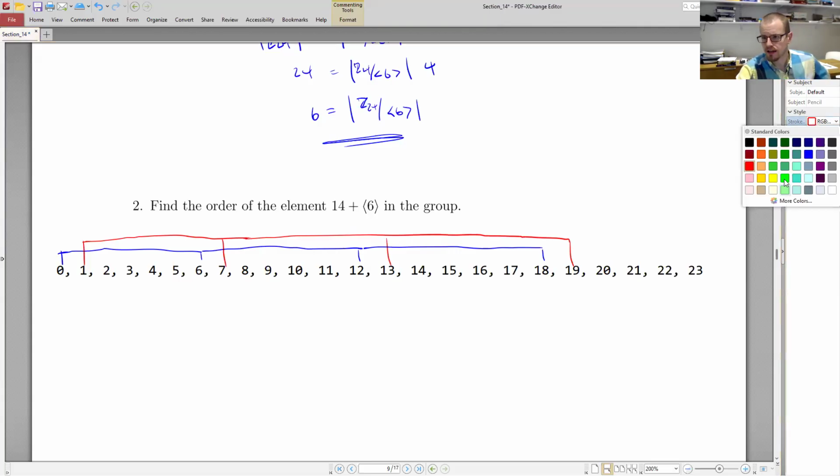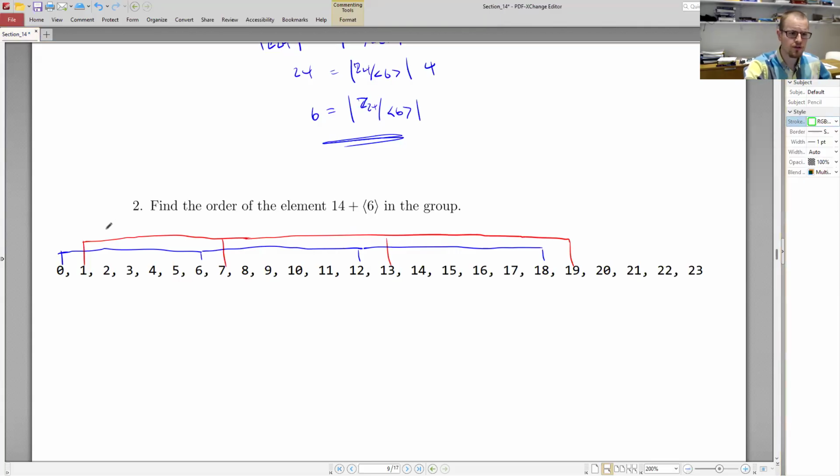Then I could add 2, and that's going to get me another coset. So 2, 8, 14, and 20 all give us one coset. If I want to talk about 2 plus what's generated by 6, that's the same as talking about 8 plus what's generated by 6, which is the same as 14 plus what's generated by 6. And that's exactly what we have here.